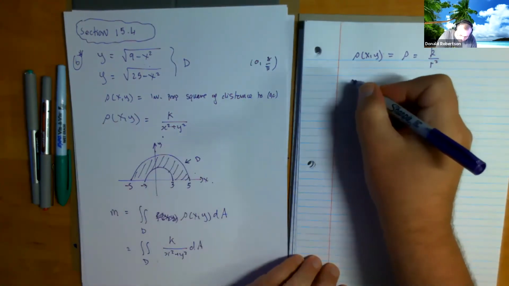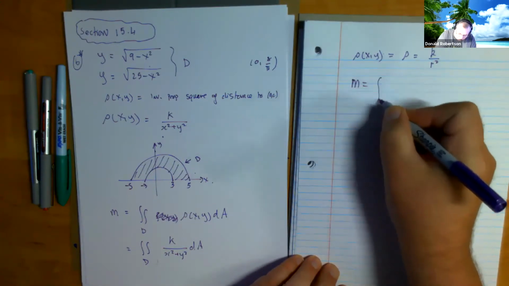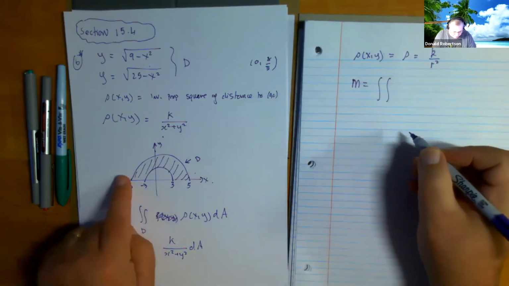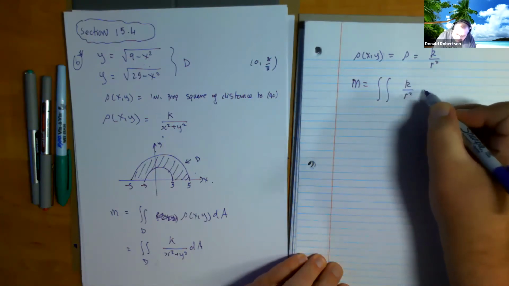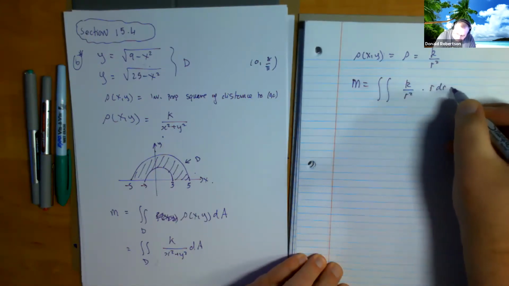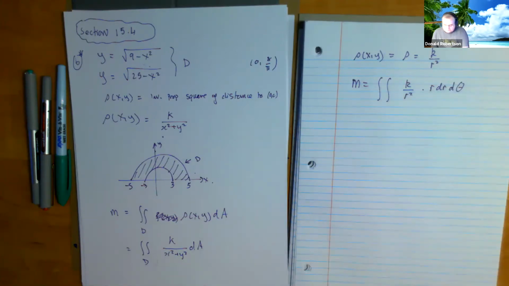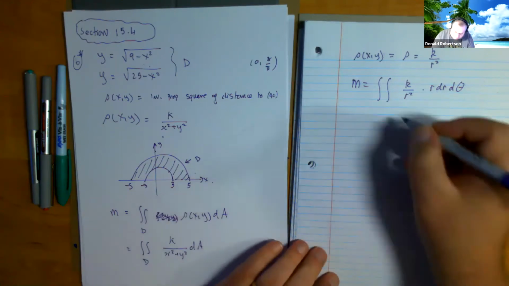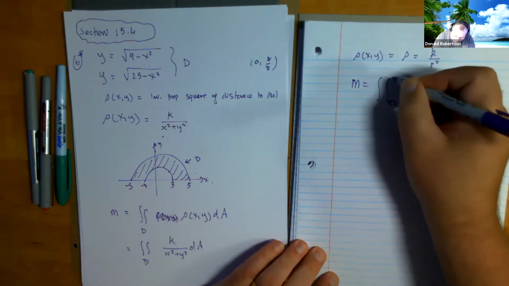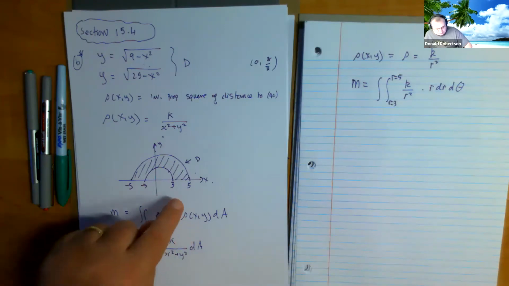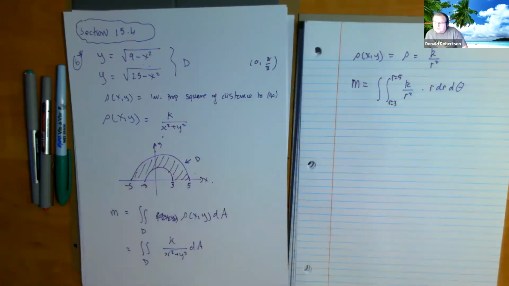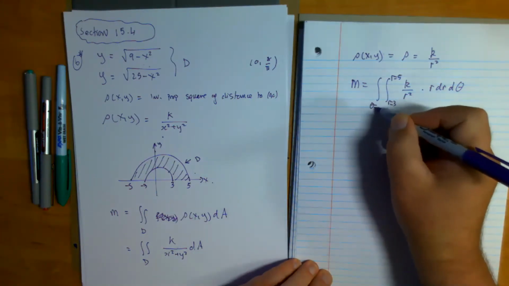Now, that means that M is going to be a double integral using polar coordinates of this, r dr d theta. Now, the r goes from 3 to 5. What does the angle theta do to generate this shape? 0 to pi.